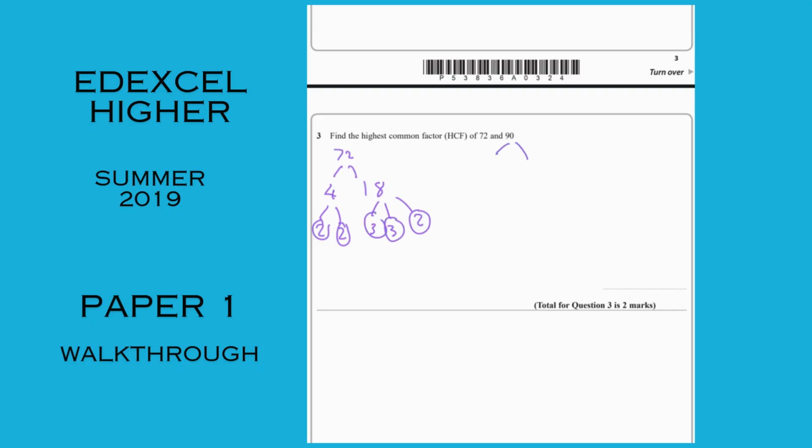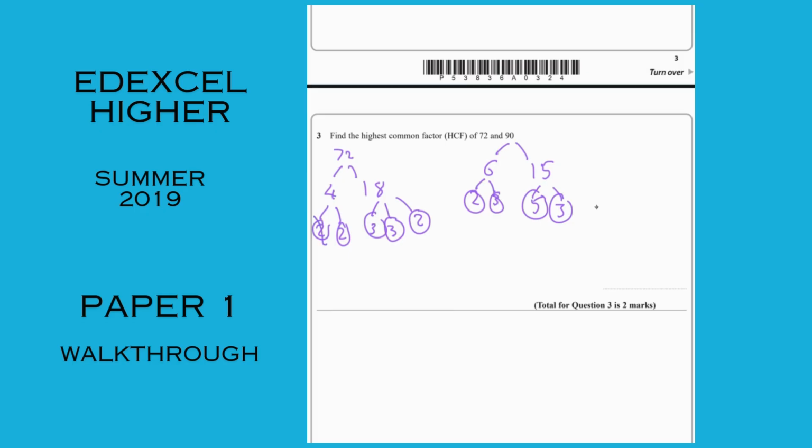Speeds the process up. With 90, again, let's go for a non-standard split. Not a lot of people go for 6 15s. 2 and 3 are prime. 5 and 3 are prime. Like I say, they've given you room for the Venn diagram down here. That's no coincidence, but I don't bother with that.